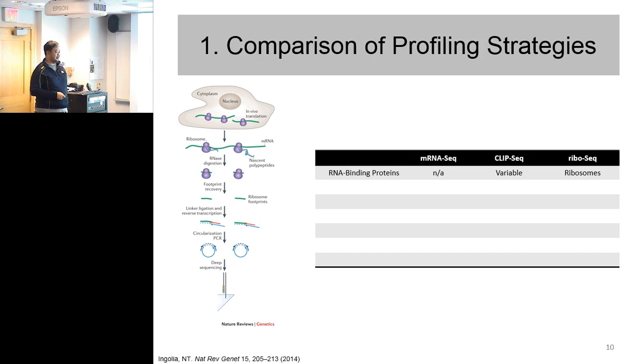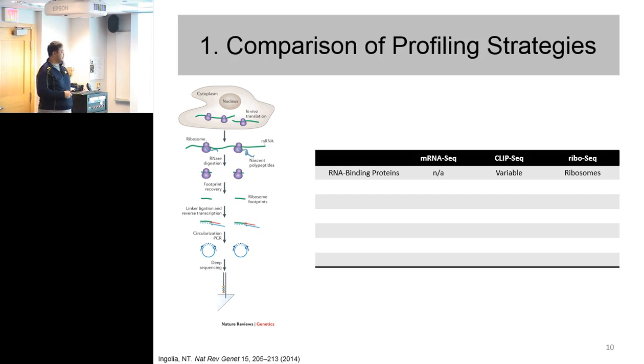It stands for cross-linking immunoprecipitation followed by sequencing. It also goes by some other names, PAR-CLIP or something like that. But the general idea is that you're also isolating proteins that are bound to mRNA, digesting, and then sequencing the bound fragments of mRNA.